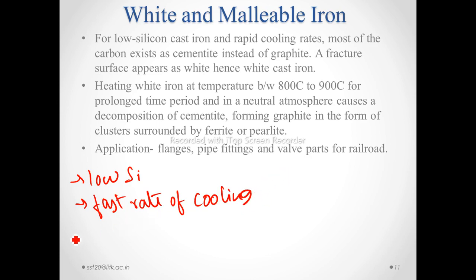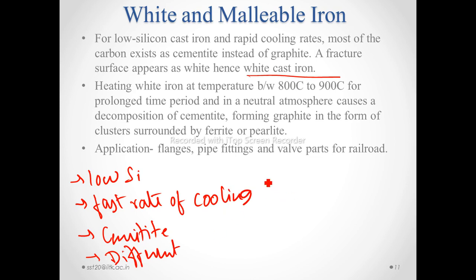This results in most of the carbon remaining in the form of cementite, and some part is converted into graphite. Due to this, it has different mechanical properties. Why is it called white iron? The fracture surfaces appear white, hence it is called white cast iron.